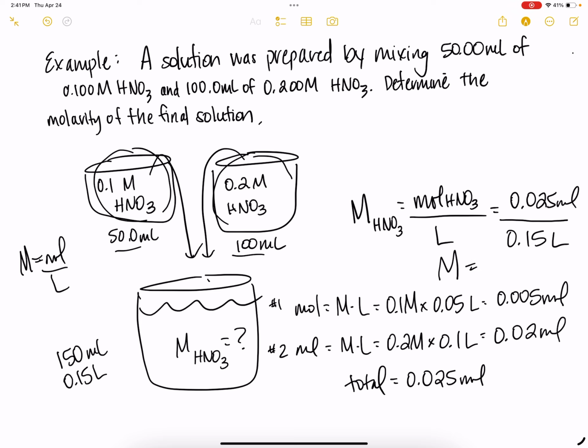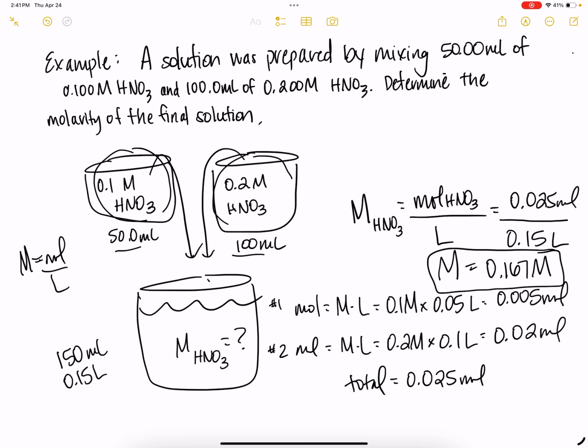Now I can just do my calculation. And I find that the molarity of this solution is 0.167 molar, and that would be my final answer for the new resulting nitric acid solution.